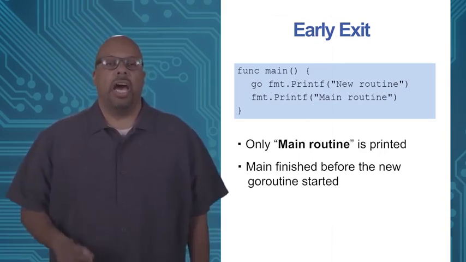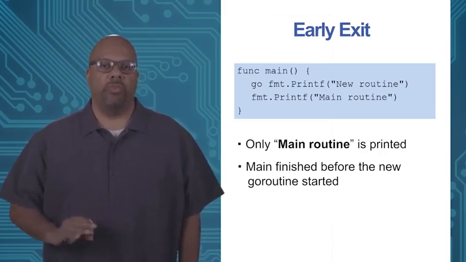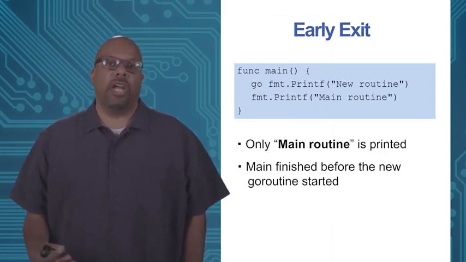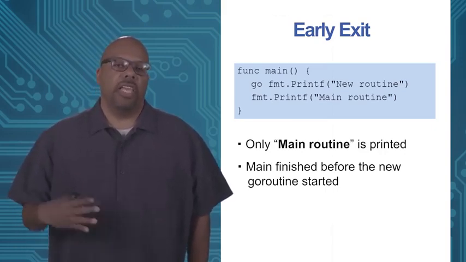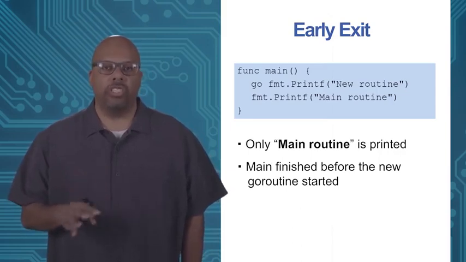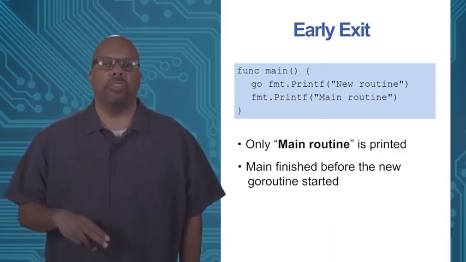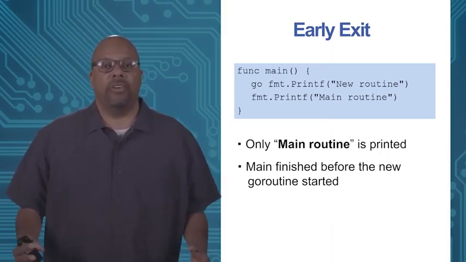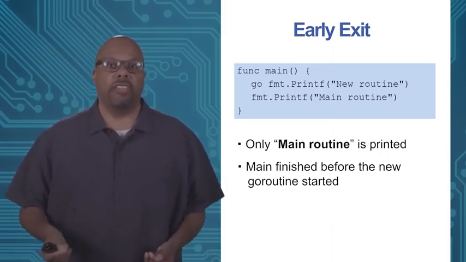Maybe. Actually, when I run this, every time it just prints main routine and quits. So what I assume from this is that the Go runtime scheduler is giving preference to the main routine, always letting the main routine go first before the new Go routine. I don't know that for a fact, but it seems like that's how it's implemented.